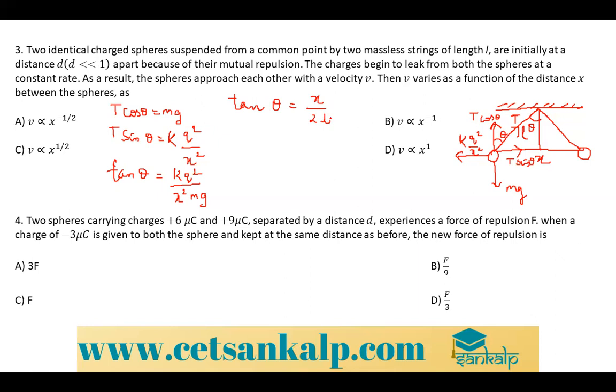So now what do we do, can we equate the two? So x divided by 2L is equal to k q square divided by x square into mg.